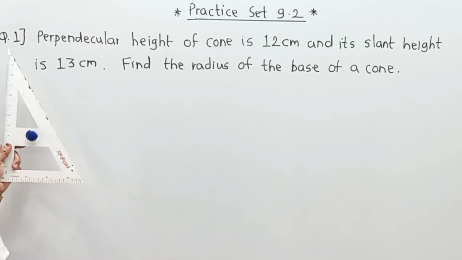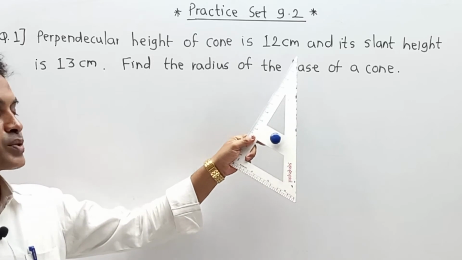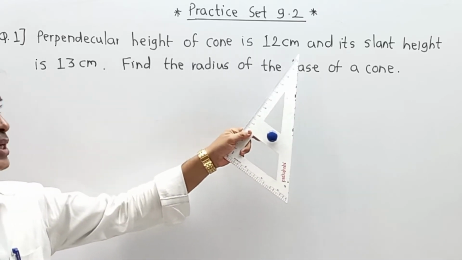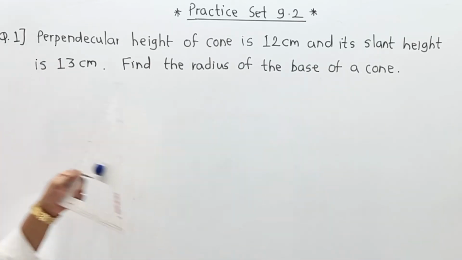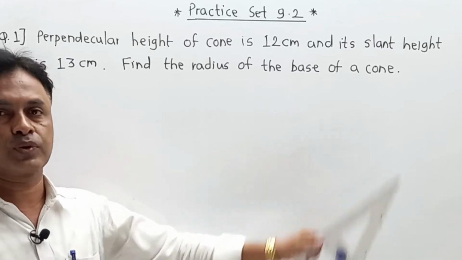So first question, question number 1: perpendicular height of a cone is 12 centimeter and its slant height is 13 centimeter. Find the radius of base of a cone.